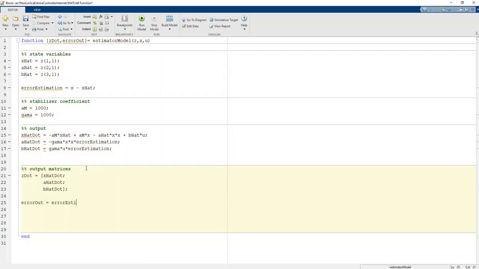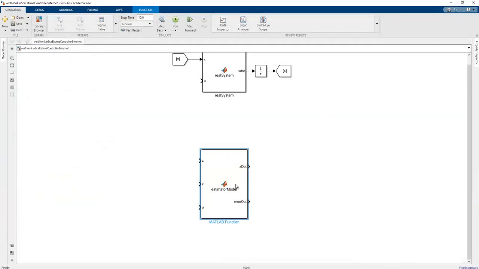The error estimation values. Okay. These are the basic procedure of the estimation of the A and B values in the system identification process. And so we need to feed the proper values in here.